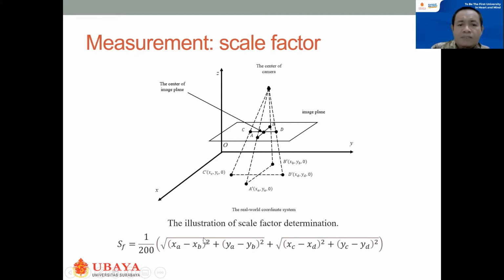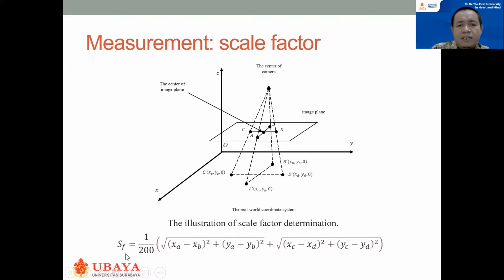After that, we divide by the distance of A and B, and we add the distance of C and D. The distance from the center to A is 50 pixels, and from the center to B also 50 pixels, so from A to B is 100 pixels. From C to D is also 100 pixels. So A to B plus C to D is 200 pixels in total.